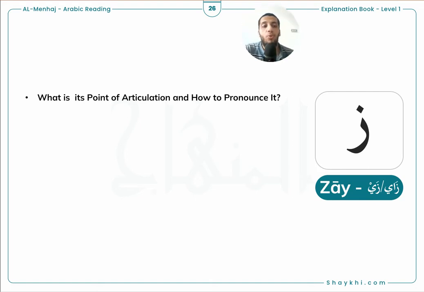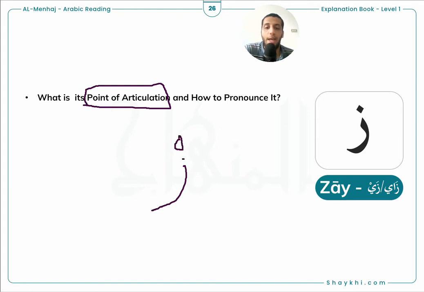As we said in the last episode, the golden rule to know the point of articulation of any letter is to put it in the state of a sukun and put a hamza with fatha before it.